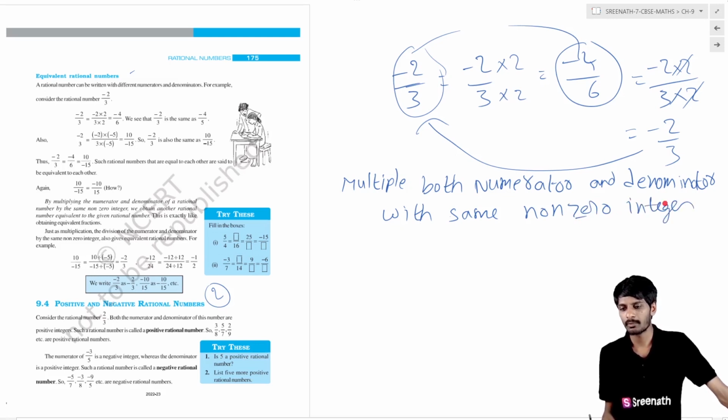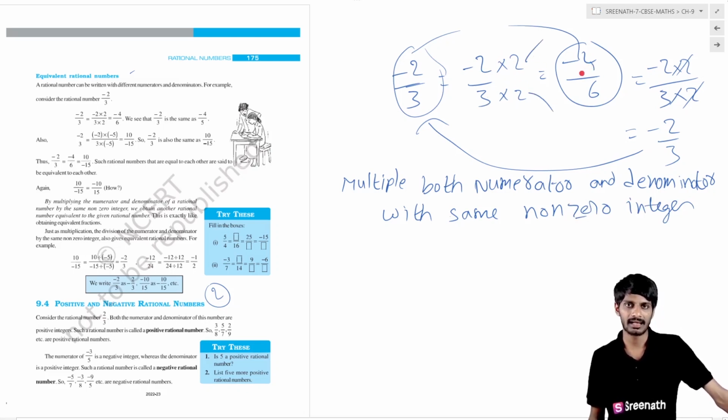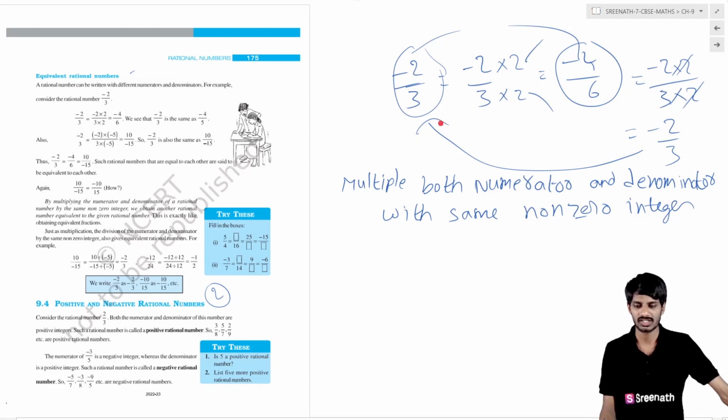Here you have multiplied both the numerator and denominator with the same non-zero number, which is 2, then you will get another rational number, but it is having a different numerator and a different denominator, but it is the same rational number.